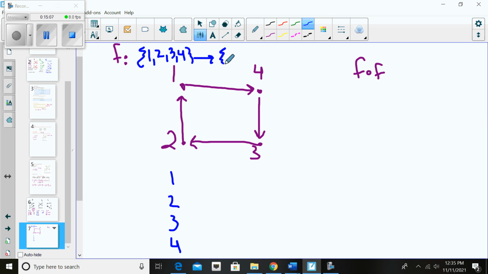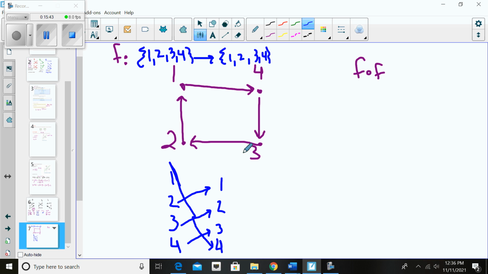If you would prefer, you could draw the arrow diagram so that it looks similar to the example we just did. 1, 2, 3, 4. So 1 maps to 4. Oh, sorry. 2 maps to 1. 3 maps to 2. And 4 maps to 3. So that's my function f.